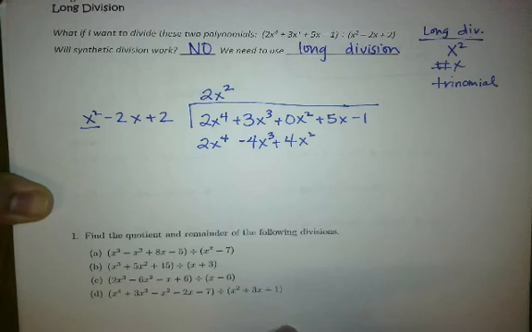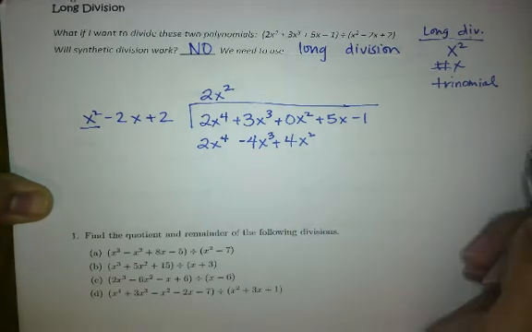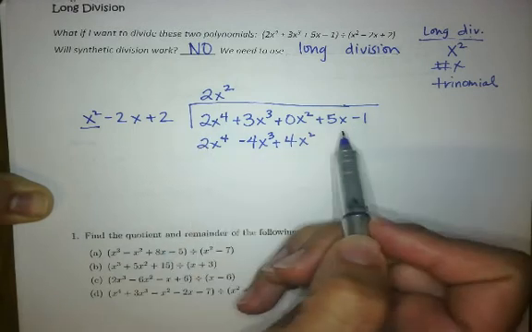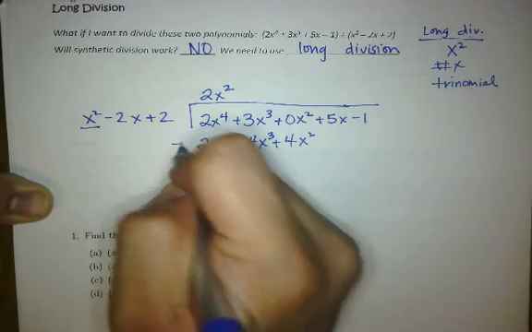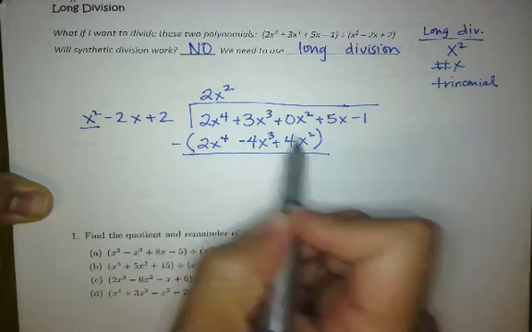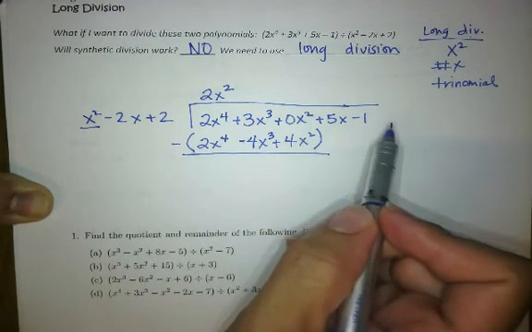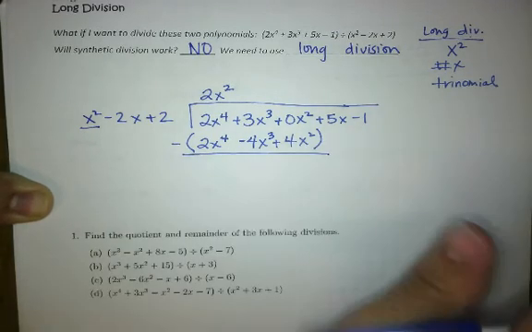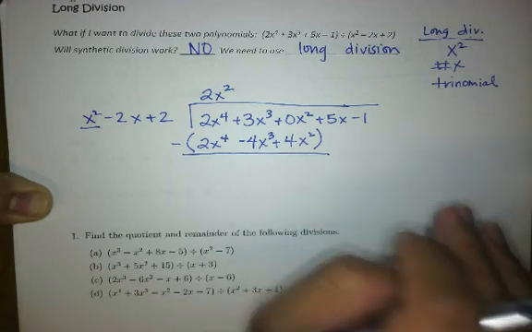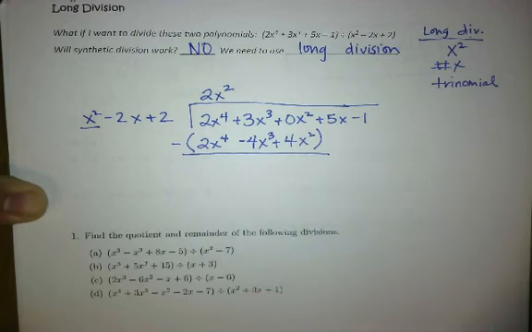Okay, so now, like any other problem, you have to subtract the bottom row from the top row. So we're going to subtract all of this from the top row. Now, this is going to be very tricky, so make sure you're paying attention and ask the questions that you need.